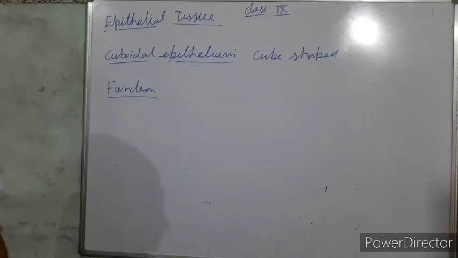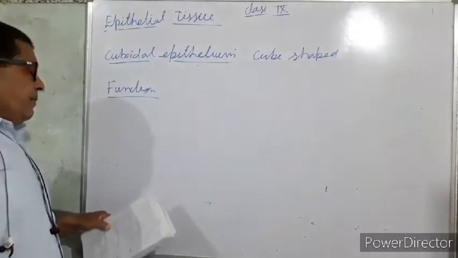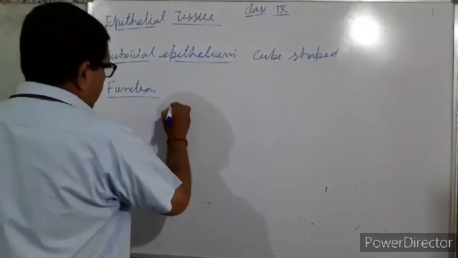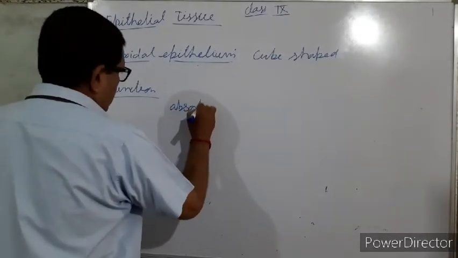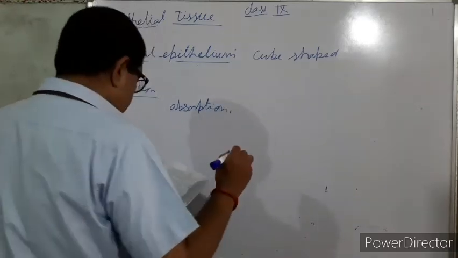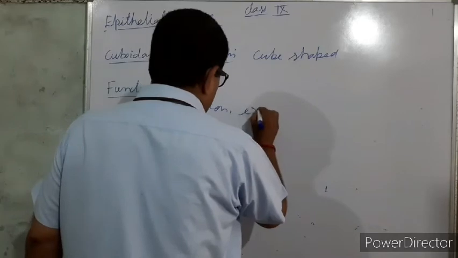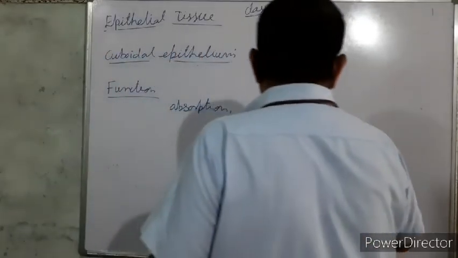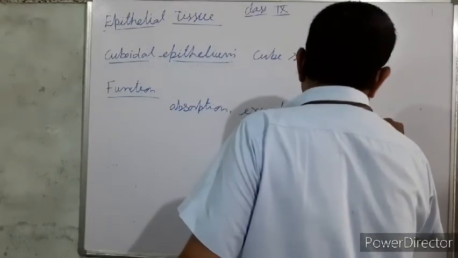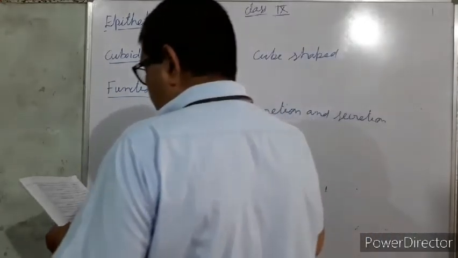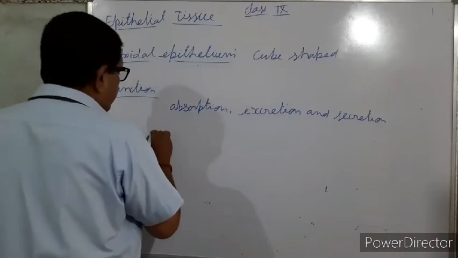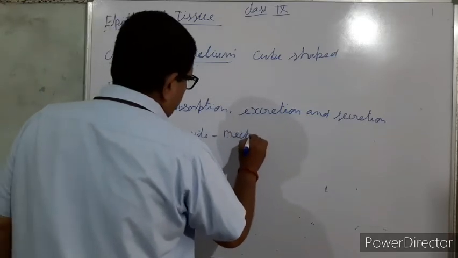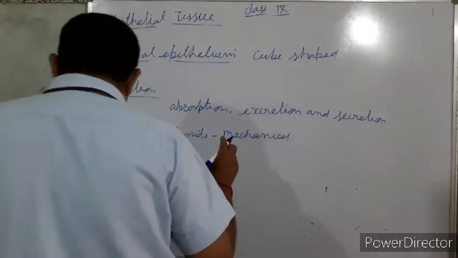The function of the cuboidal epithelium: helps in absorption, excretion, and secretion. It also provides mechanical support.